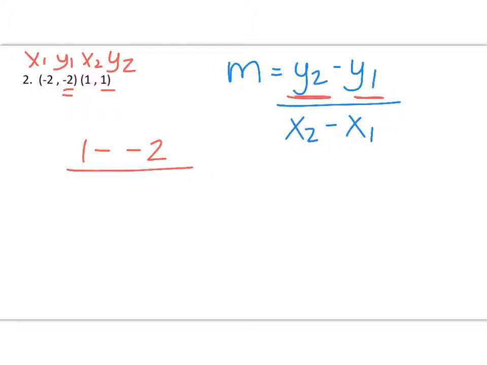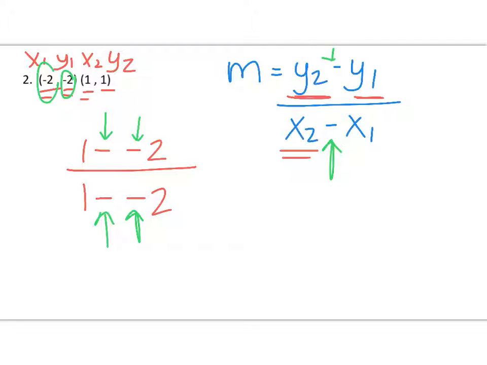I have to have this minus from the formula, and I have to have this negative from plugging the number in. Then we have x2, which is 1, minus x1, which is -2. Again, I have this minus from the formula and this negative from plugging in a negative number. I have to have both.